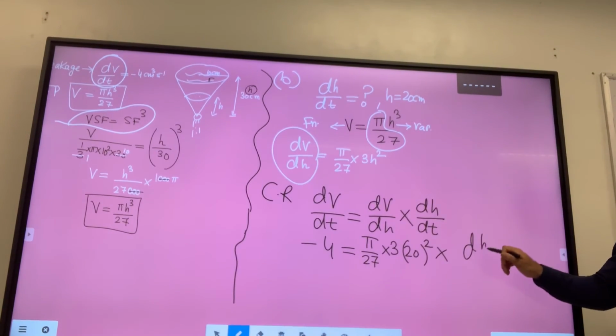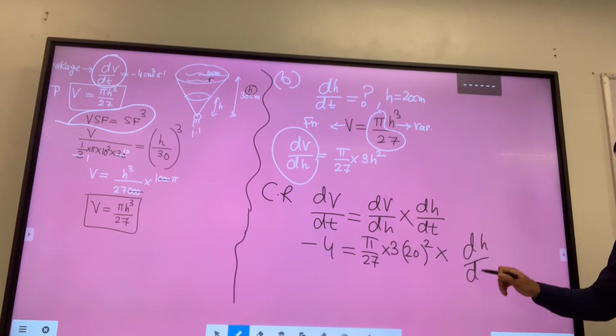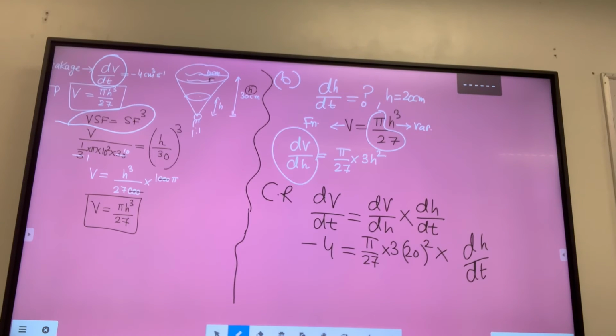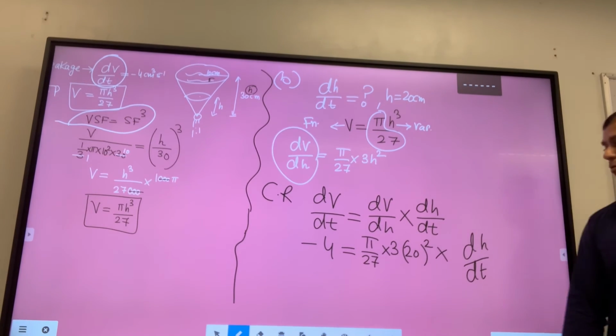So from here we have to find only dh dt. Because volume was reducing, dv dt was negative. When volume is reducing, height is also reducing. So dh dt also must be negative, and it will be negative. You will see.